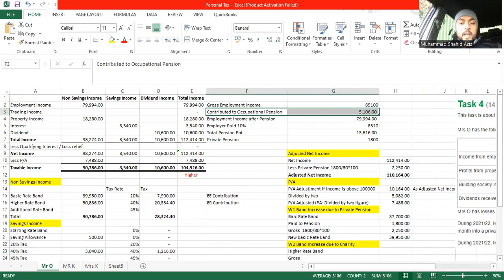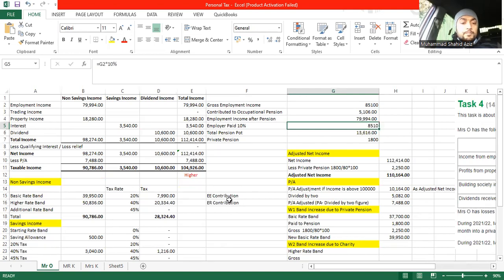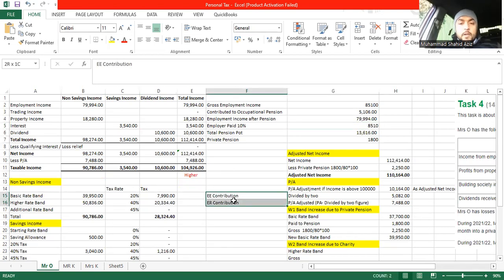And they are saying 10% is paid by the employer. So 10% of 85,100 is 8,510. But because the employer is paying this, it does not affect any tax contribution for Mrs. O. So we will ignore this figure.